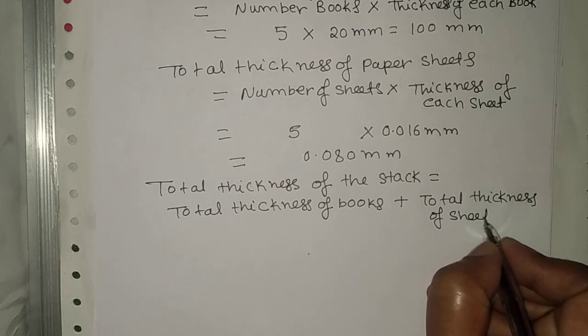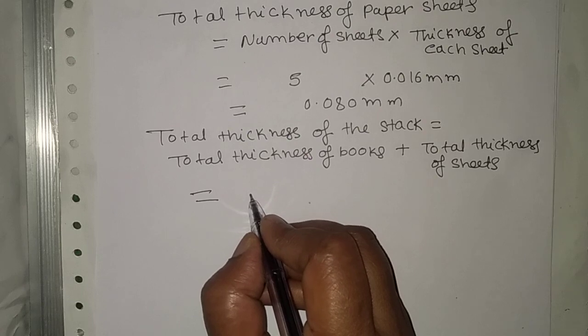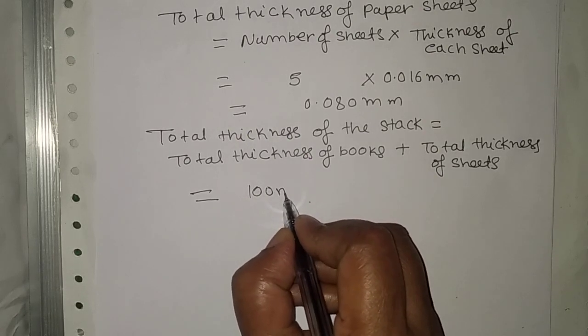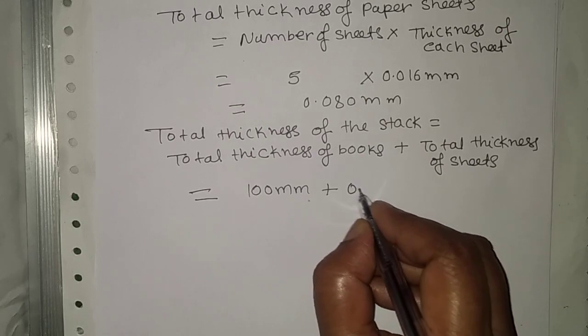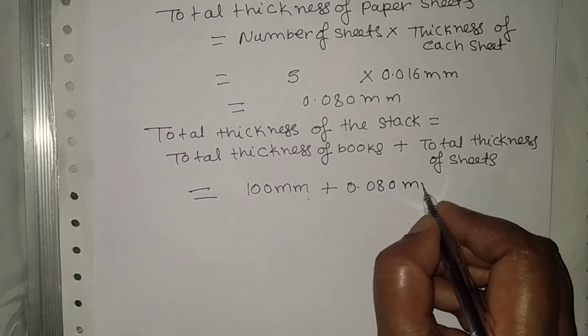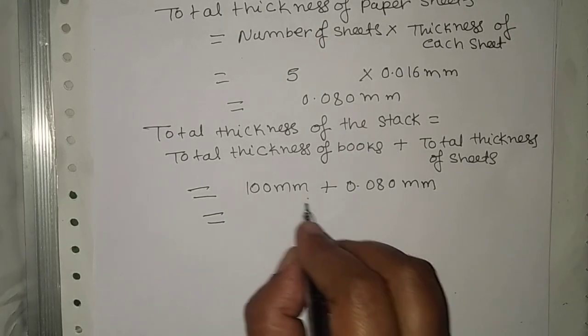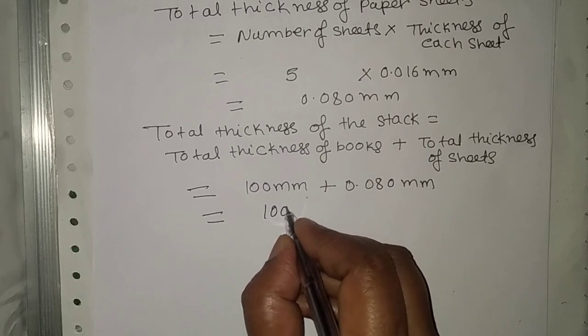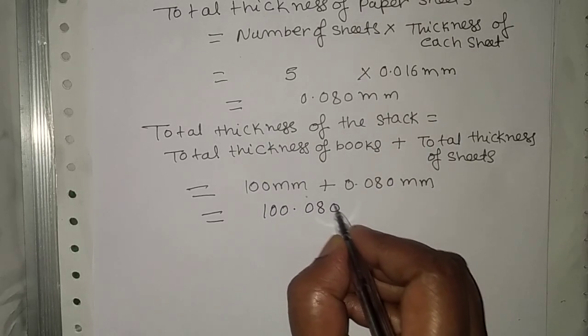We have calculated these, so just substitute here. The total thickness of the books is 100 mm plus the total thickness of the sheets, 0.080 mm. Adding these two, we have 100.08 mm.